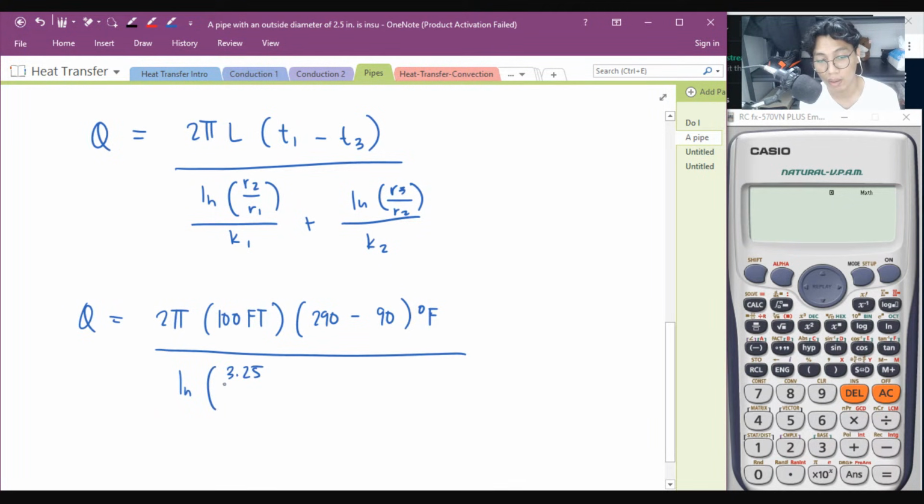3.25 over 1.25. Okay? Divided by K1. Anong unit nun?